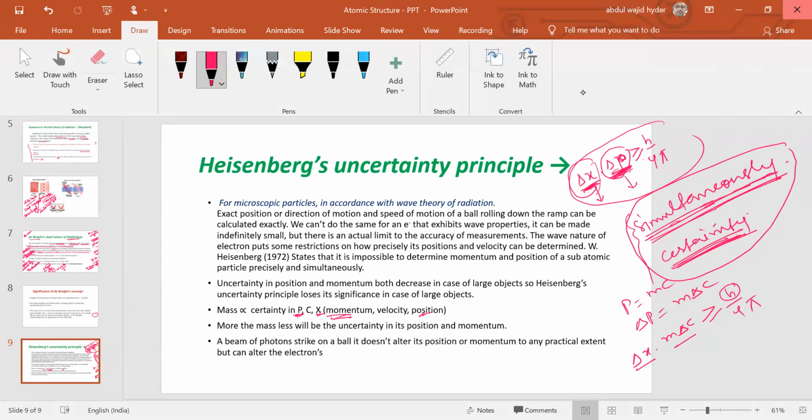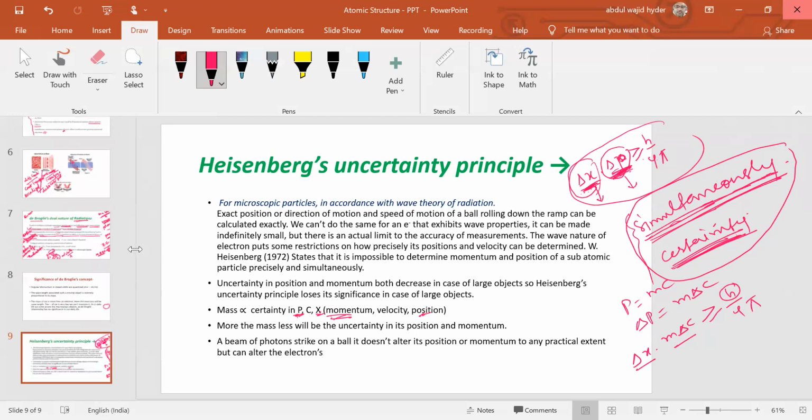H is Planck's constant, that is 6.625 into 10 to the power minus 34 joule into second. In one exam, they asked this value of H. They gave 6.625 in 10 to the power minus 34 joule per second, and also joule into second.